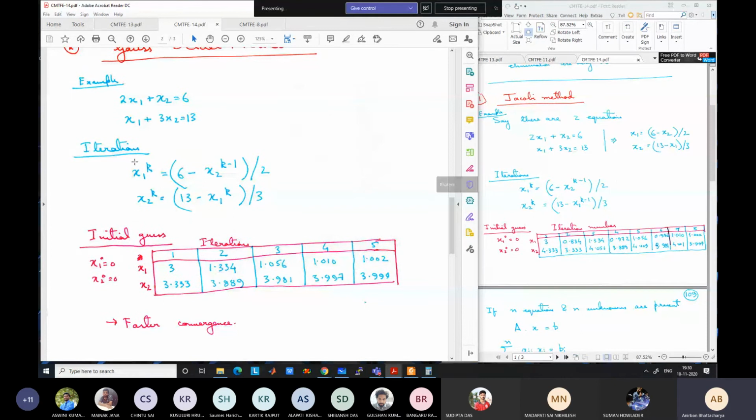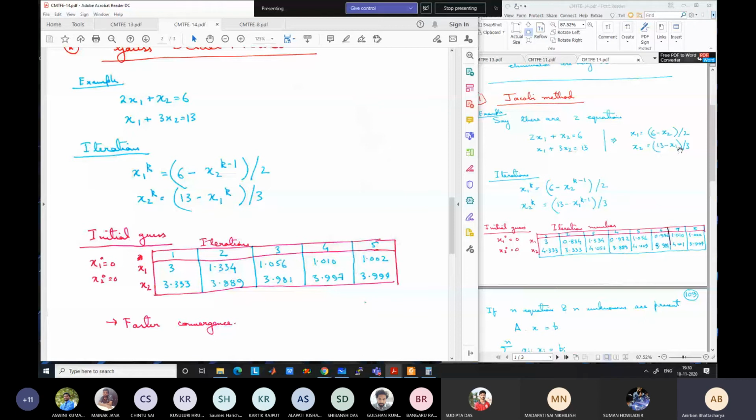Again, the same equations I can write in this form: x1 is equal to (6 minus x2) by 2, and x2 is equal to (13 minus x1) by 3. Because x1 and x2 are both unknown for the kth iteration, for calculating x1, I will use the previous iteration value of x2.